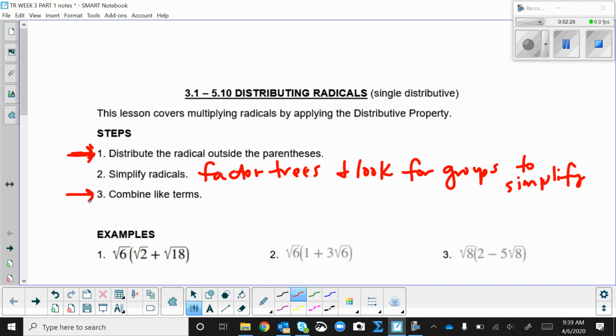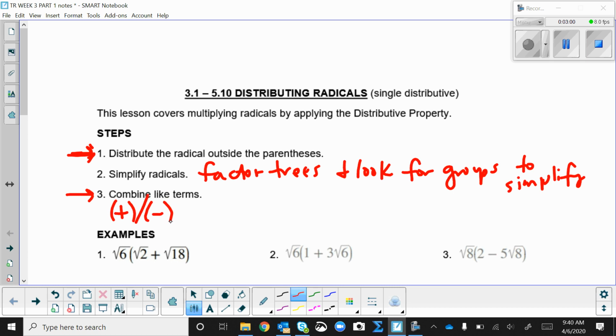You combine like terms. So here's where we have to keep the rules for multiplying separate in our mind from addition or subtraction. Last week for multiplying radicals, we said that the roots have to be the same, but the radicand, what's underneath the root, does not have to be the same. But when you go to combine like terms, this means you're either adding or subtracting.